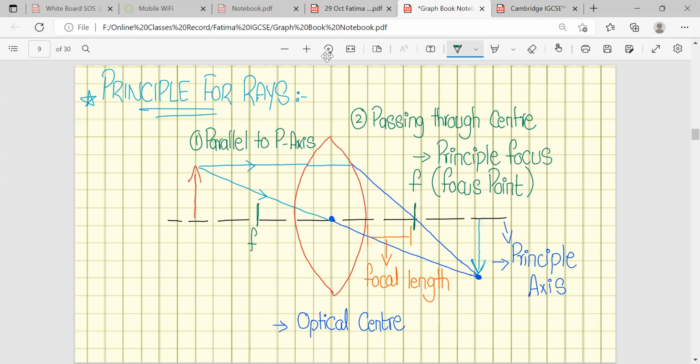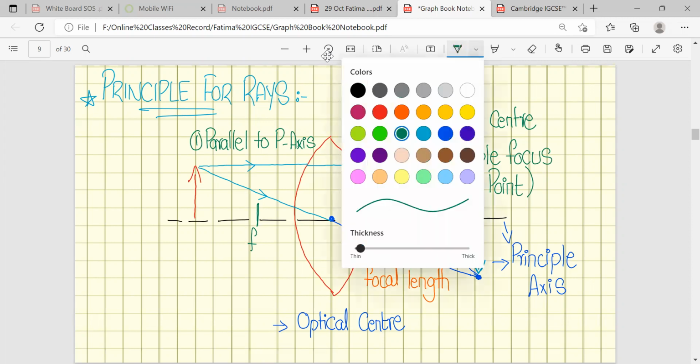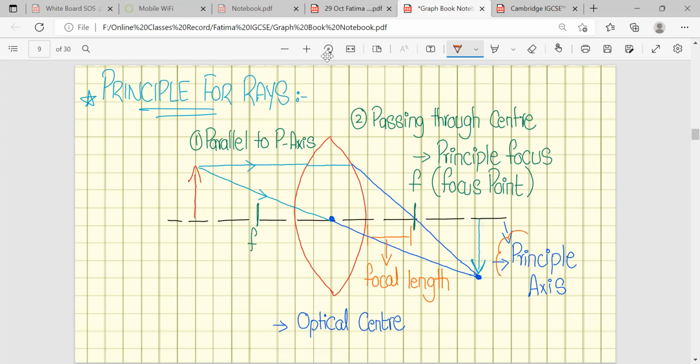So these are some basic key terms in the case of this orientation. One is the principal axis, another is the optical center, and then the principal focus and the focal length, right? Any confusion?